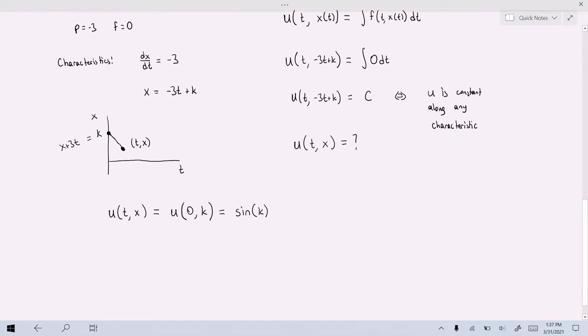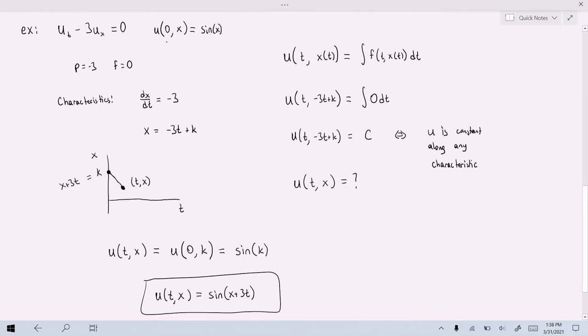So if I just plug that into this expression, then we end up with u of t, x equals sine of x plus 3t. So then this would be the solution to our initial value problem.